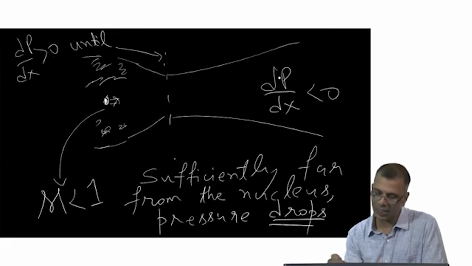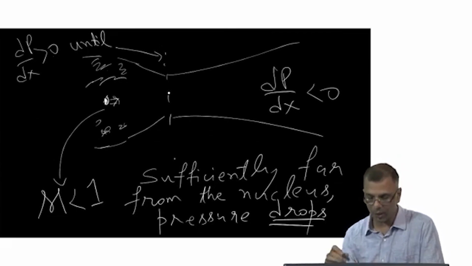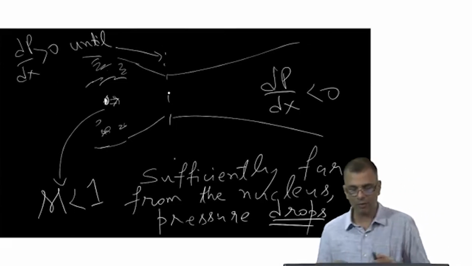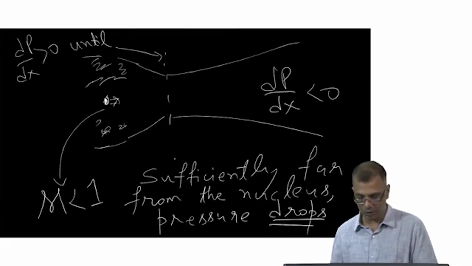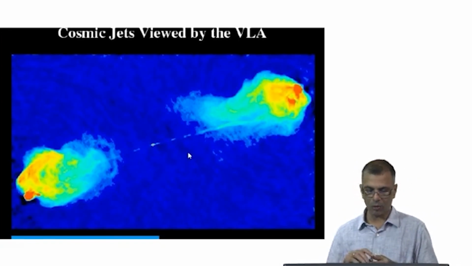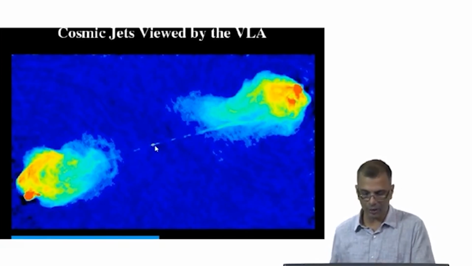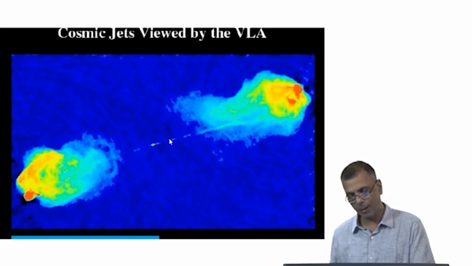This is exactly like the de Laval nozzle, and that's what we want. We want the flow to keep accelerating and becoming more and more supersonic, so that essentially the bulk kinetic energy of the flow keeps increasing, so that it can go on for long distances, as long as a megaparsec.